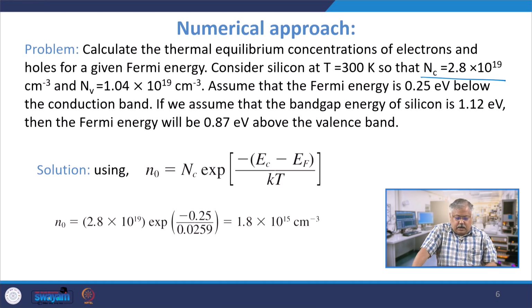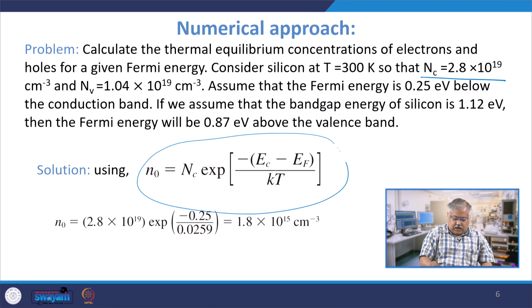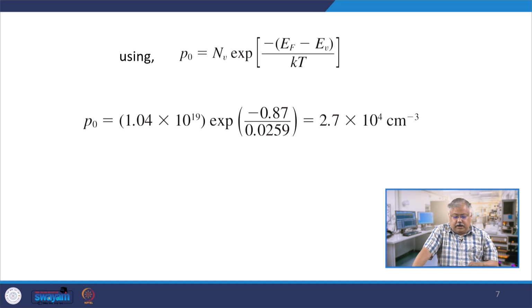So from here I can get that N0, which is given by this big function here, to be approximately equal to 1.8 into 10 to the power 15 per centimeter cube. It is way above the intrinsic value of 10 to the power 10. So simply looking at the difference in the conduction band and Fermi level, you can predict the value of N0. Similarly, you can get the value of P0 as 2.7 into 10 to the power 4 per centimeter cube.